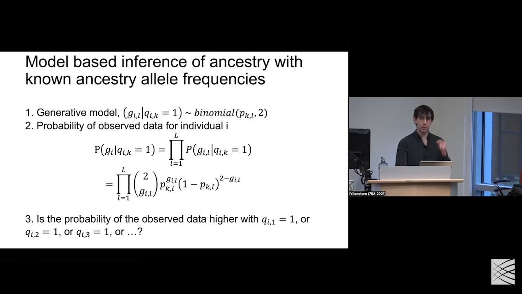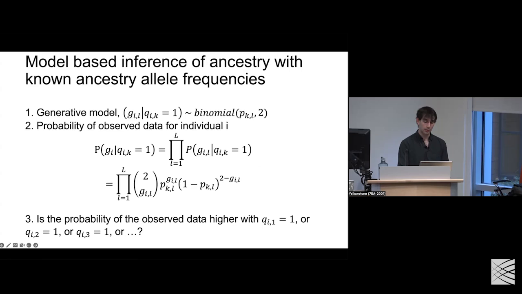So the first step is to propose a generative model that relates our genetic or observed data to the unobserved data. And so here, our generative model is going to be that the genotype for individual I at mutation L, given that they're in ancestry K, is binomially distributed with parameters P_KL and 2.